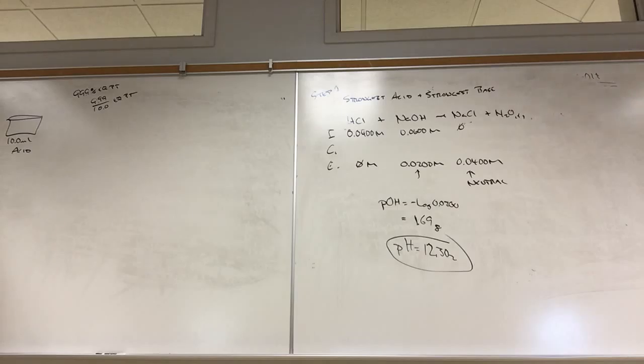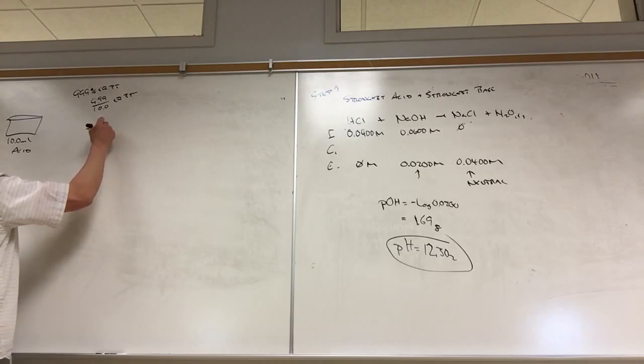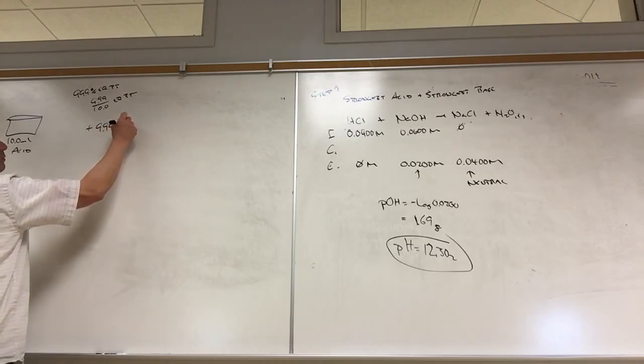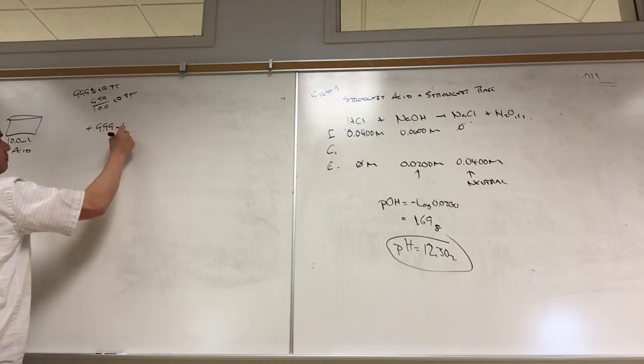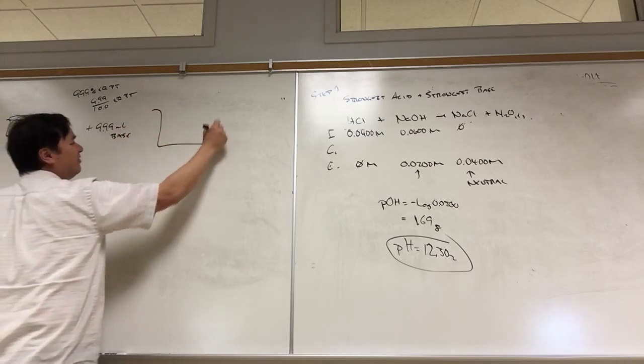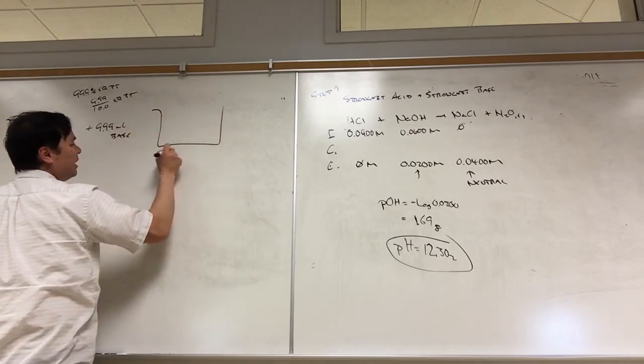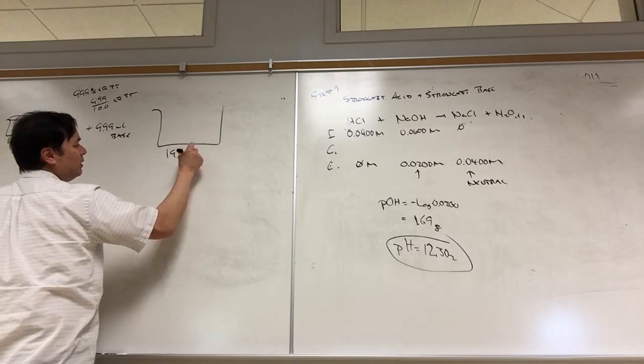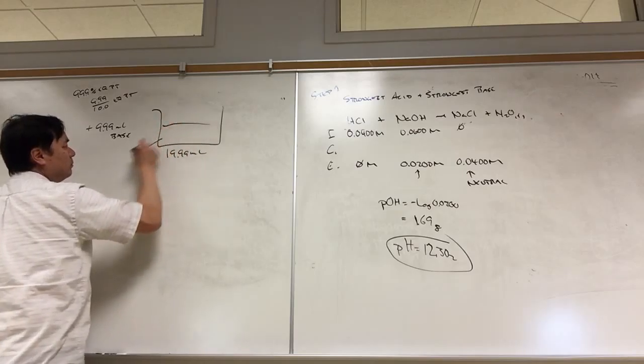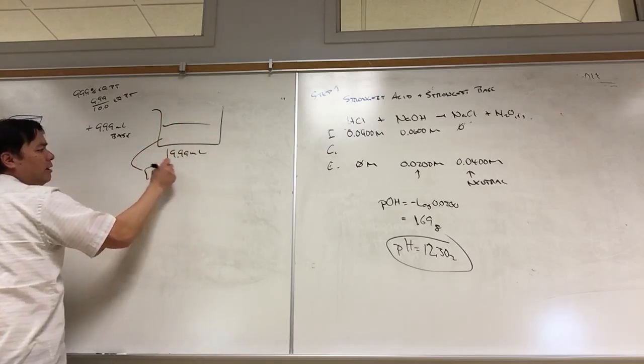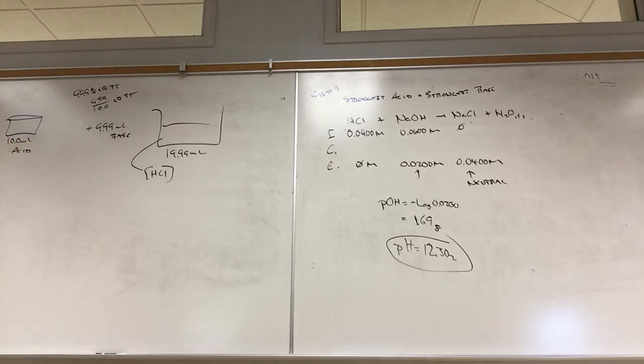And so let's take a look. That's going to be plus 9.99 milliliters of base. And so we end up with a total volume of 19.99 milliliters. For all these problems, I always start them over again. You know, each of these we treat as individual problems, even though it's the same titration.